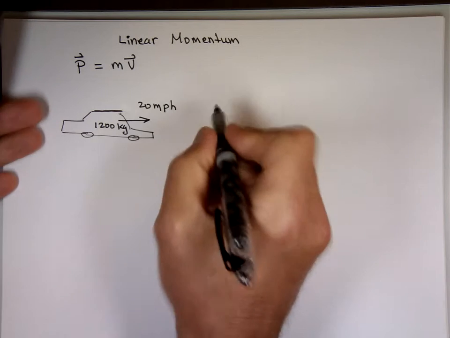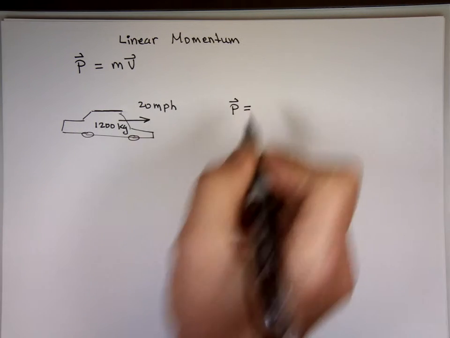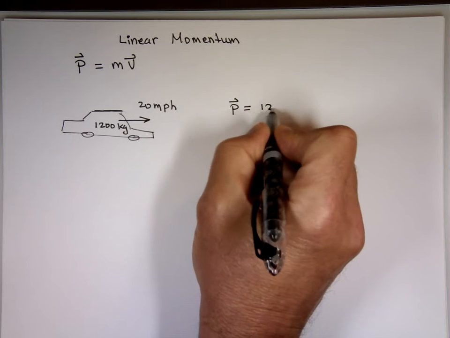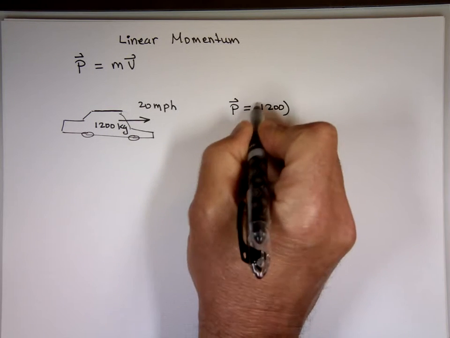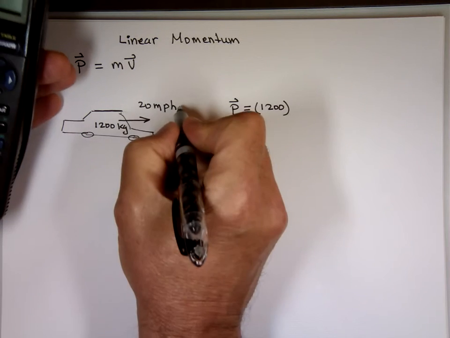Let's see how much moving power it has. What is the linear momentum? The linear momentum of that car is the mass of the car, which is 1,200, times the velocity. Now I need to convert that velocity from miles per hour to meters per second. We divide by 2.24. So 20 divided by 2.24 is 8.9 meters per second.